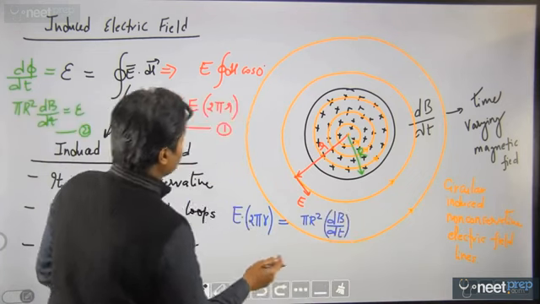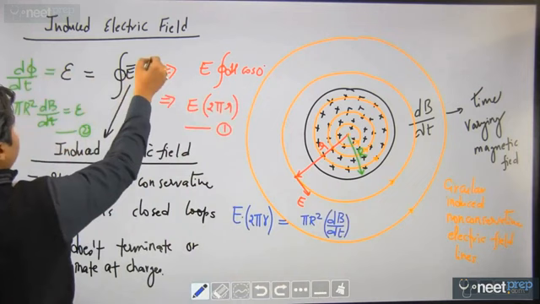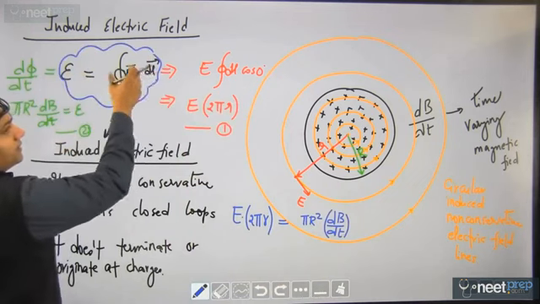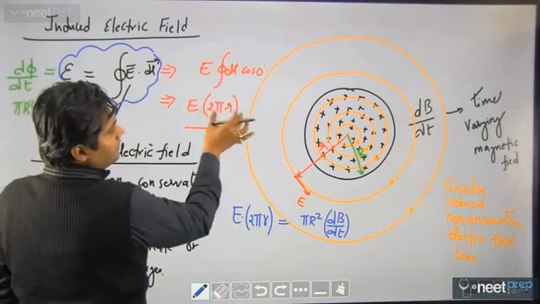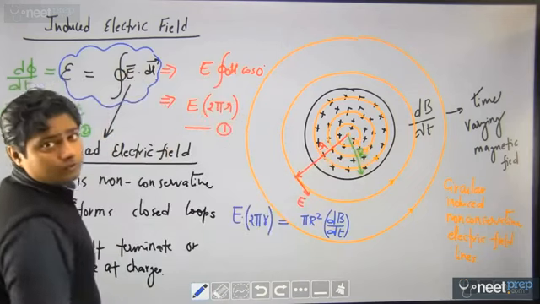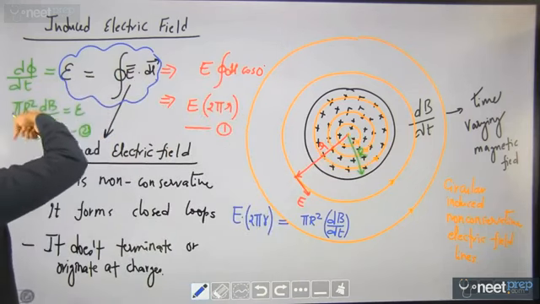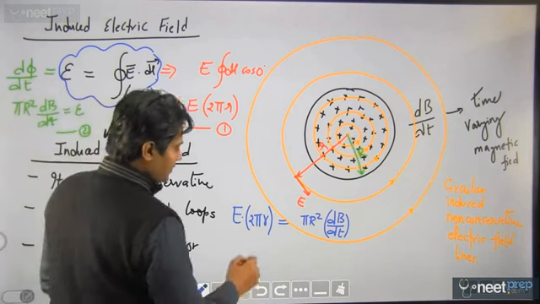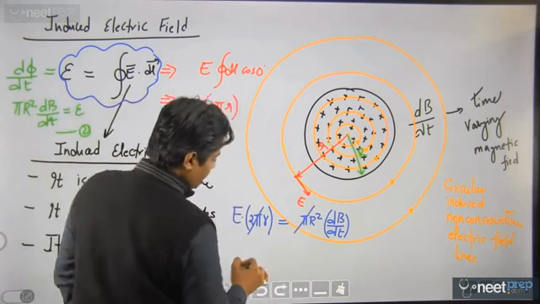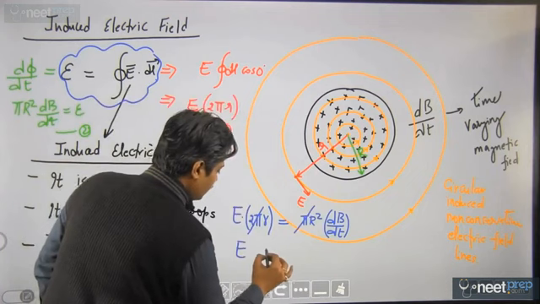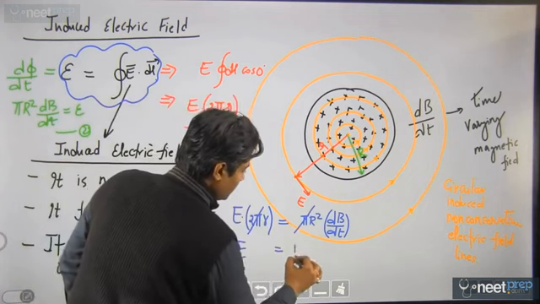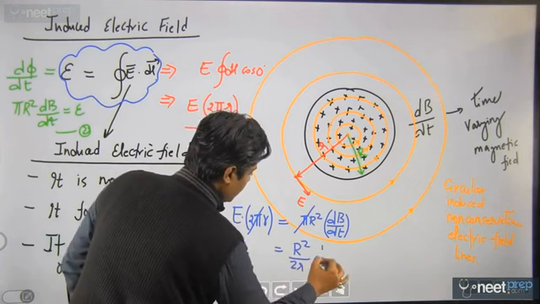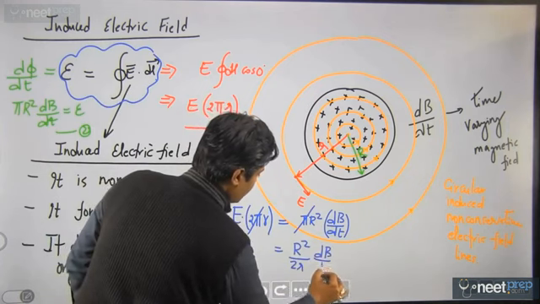We are opening up Faraday's law. E dot dl, the definition of EMF, can be written as E into 2 pi r along this circular loop, and from Faraday's law it is d phi by dt, that is area into dB by dt. Equating these, the electric field will be equal to R square by 2r times dB by dt.